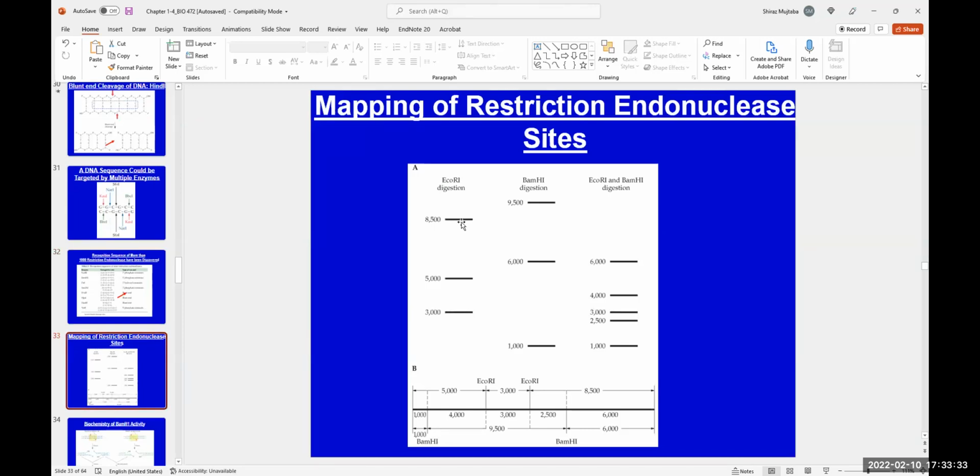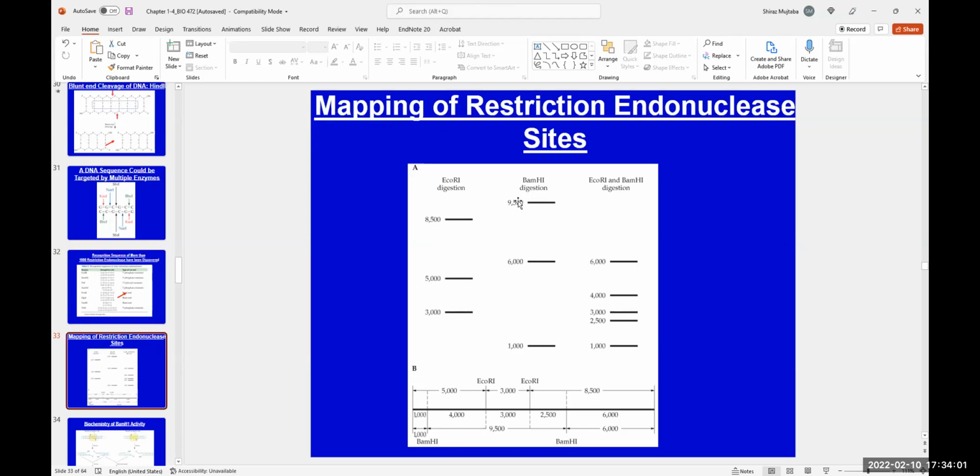What you see here is a picture where you see 8500, 5000, 3000. Then you see 9500, 6000, 1000, and some. So if EcoR1 is digesting a DNA, it cuts at three parts. It gives rise to three fragments: 8500, 5000, and 300.